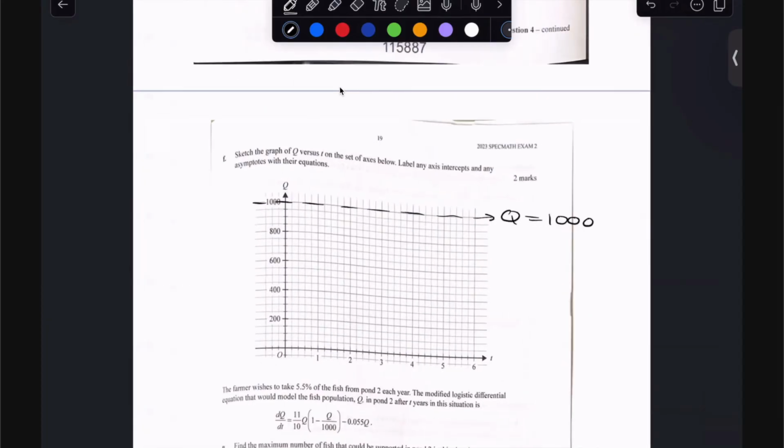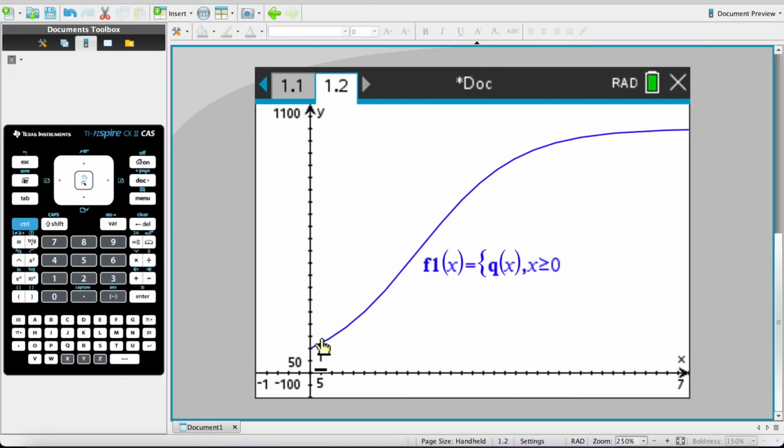And the starting point we found, which is on t is 0, and that was 100. So it says label any x-intercept, so that's 0, 100. And then you probably want an inflection point.